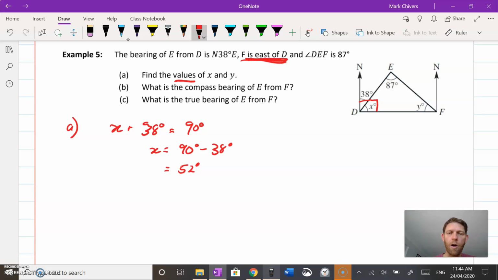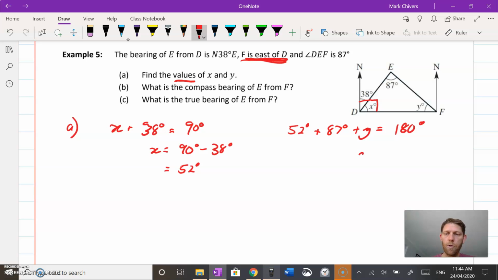So the value of Y. Once we know X, we know this 87 up in the top. What we've got is a triangle. So we know that 52 degrees, which is X, plus 87 degrees, which is up the top there, plus Y, has to equal 180 degrees.